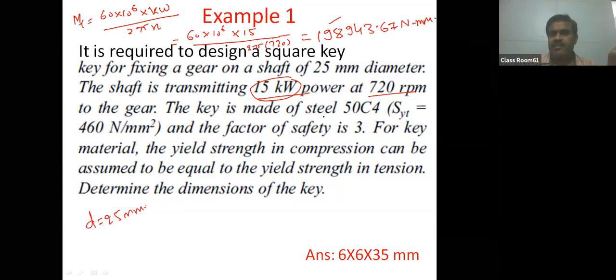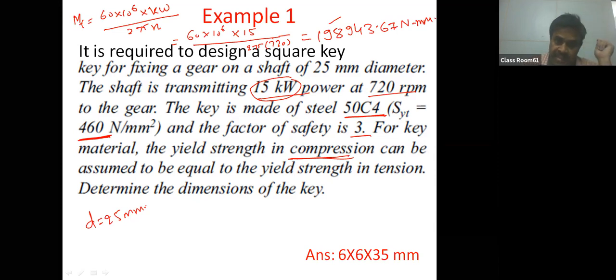Now the key is made of steel 50C4. S_YT is given, 460. Yield strength is given 460. Factor of safety is given 3. For the key material, the yield strength in compression can be assumed to be equal to the yield strength in tension. Okay. So on the key, tensile stresses do not come, compressive stresses are coming.